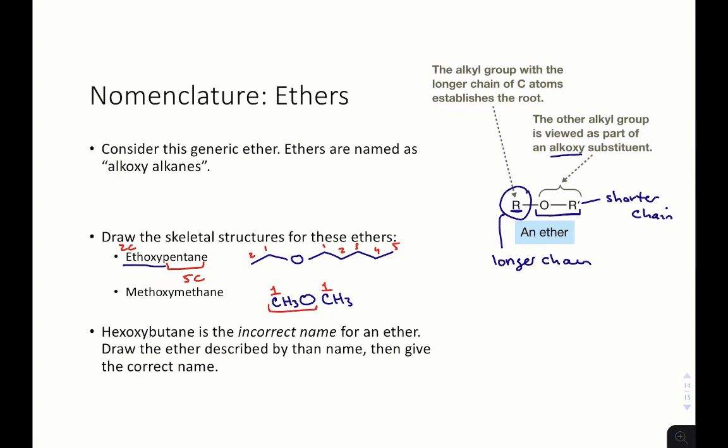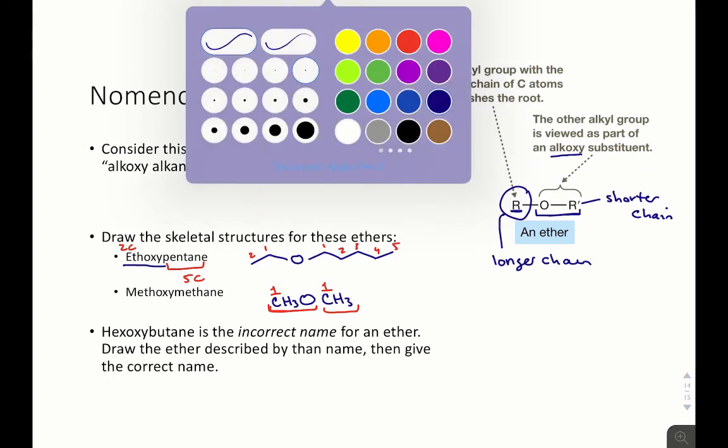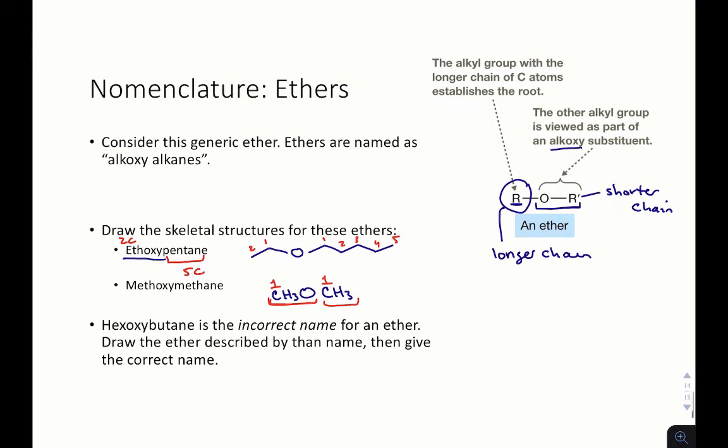We had no choice, right? The chains were the same length, so one of them was the methoxy, the other was the methane. All right, last example, hexoxybutane is the incorrect name for an ether. Hexoxy would mean 6 carbons and an oxygen. Butane, 1, 2, 3, 4.